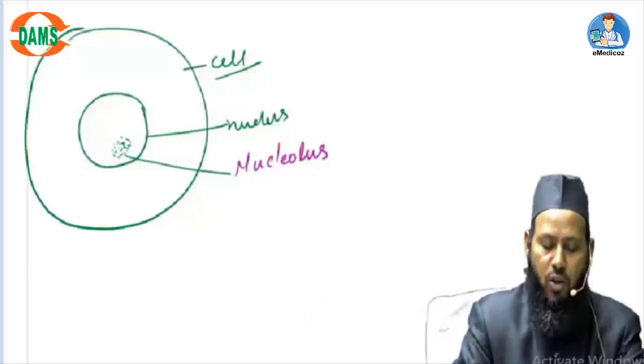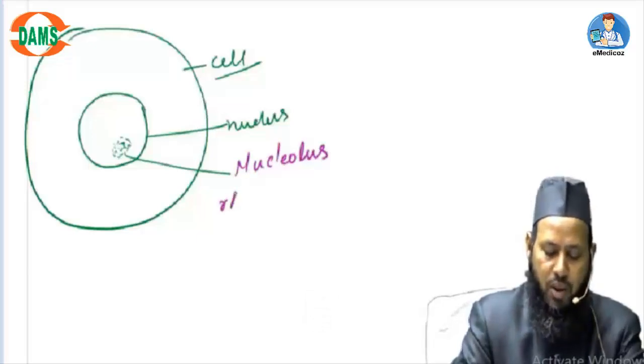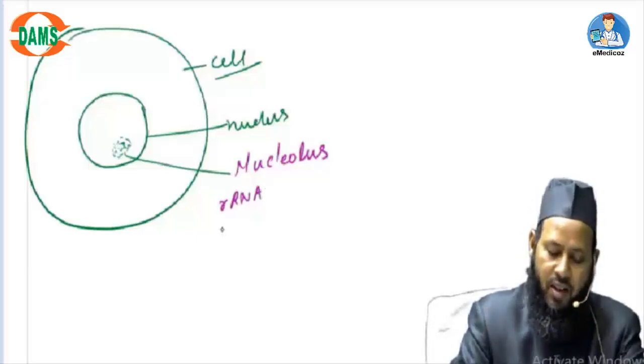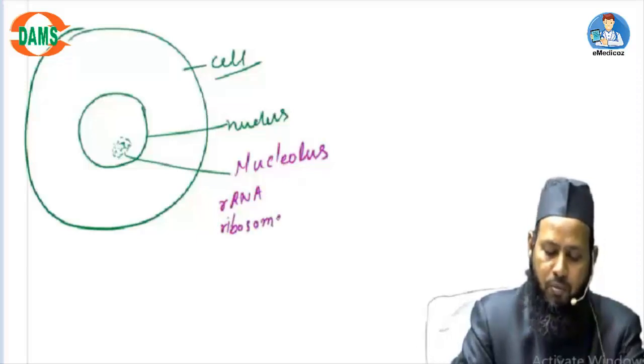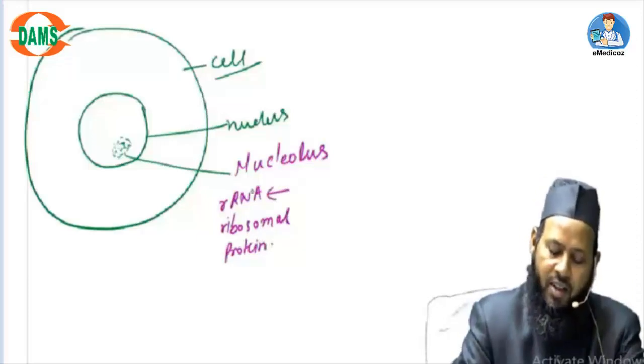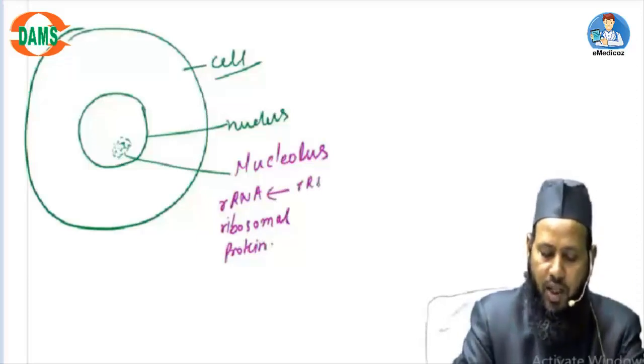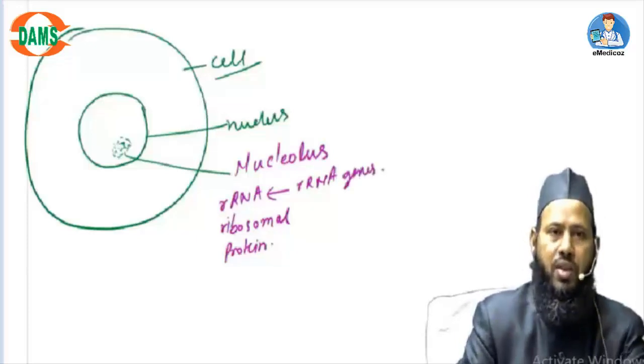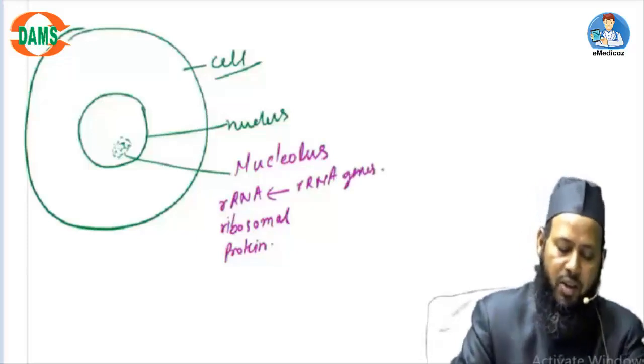In this nucleolus there will be ribosomal RNAs, and then there will be ribosomal proteins. Ribosomal RNA genes will be basically located nearby the nucleolus.